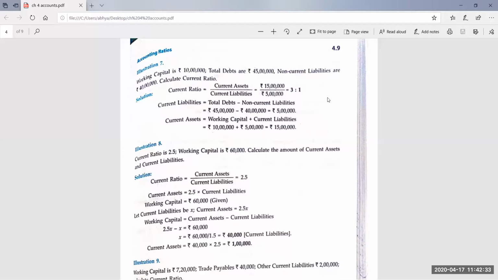So here working capital is given and two parts of current liabilities are given. Current liability as a whole is not given. Two parts are given individually. So to find out current liabilities, you have to add up the individual parts.